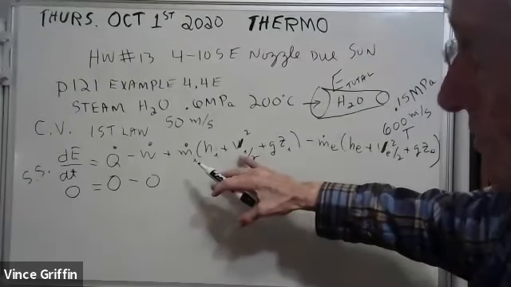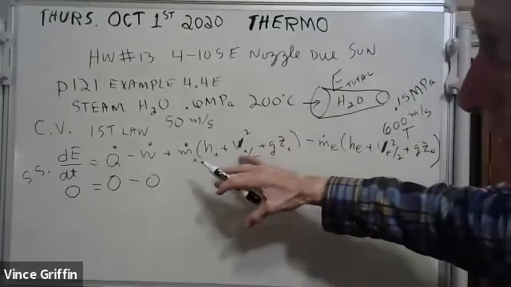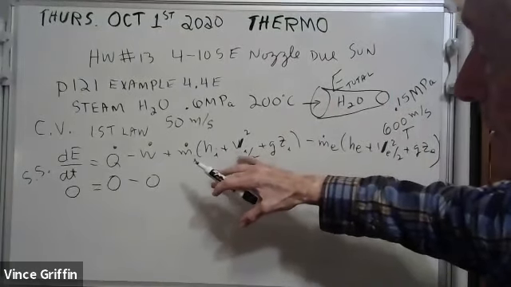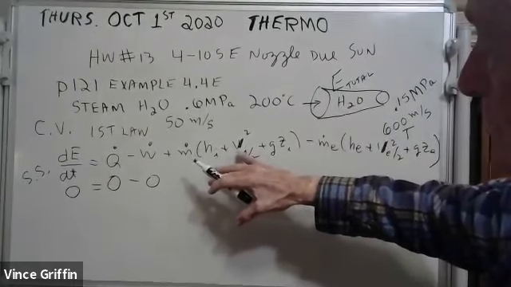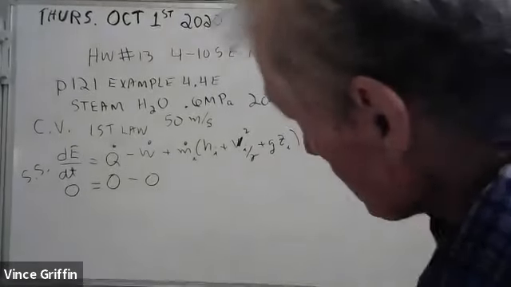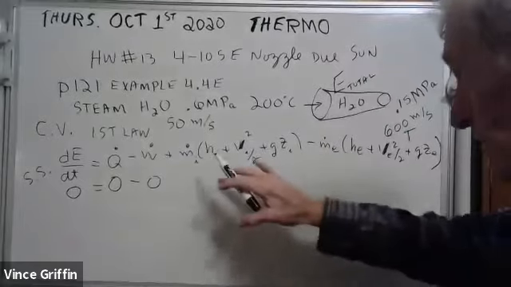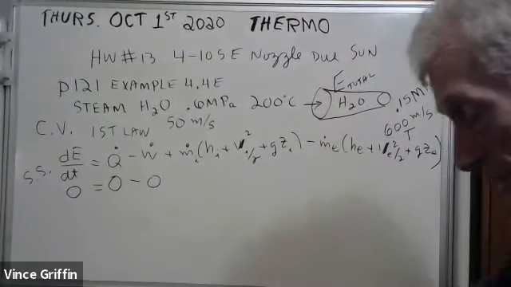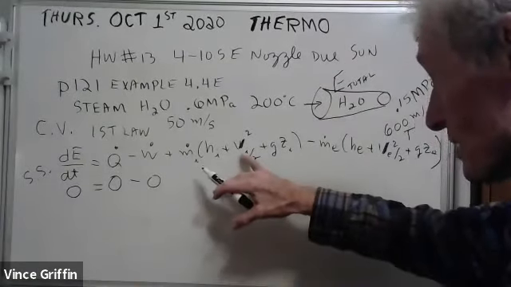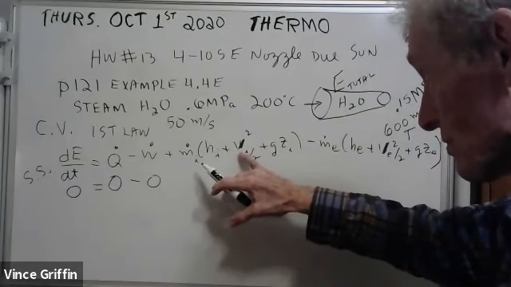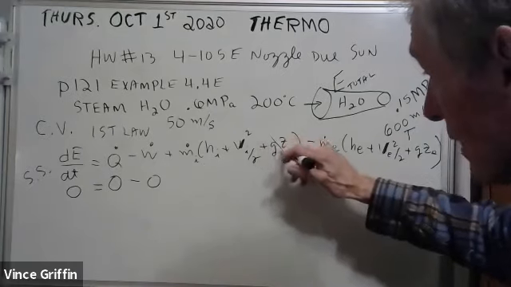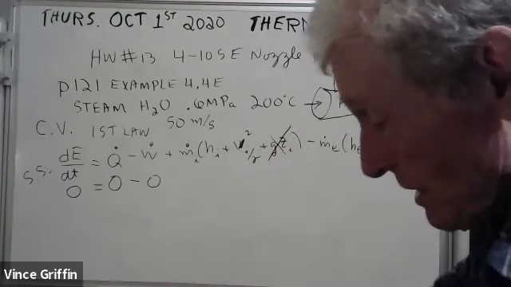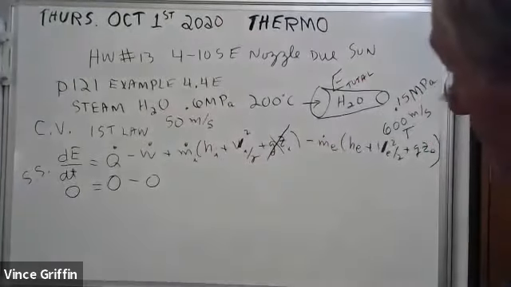Nozzles don't go down the road. They don't have any velocity. I take that back. The nozzle itself doesn't have any velocity, but the steam coming in does. This is the incoming velocity of the steam. That's a keeper. This term here you can throw out for our nozzle because it's not going up or down.